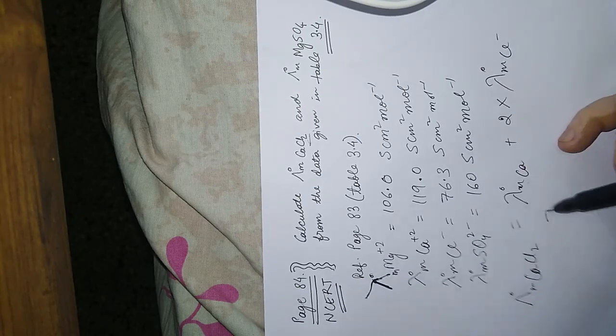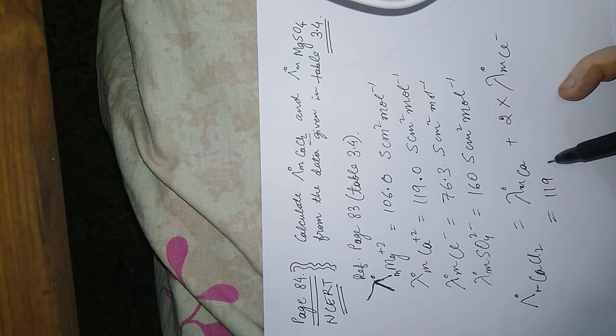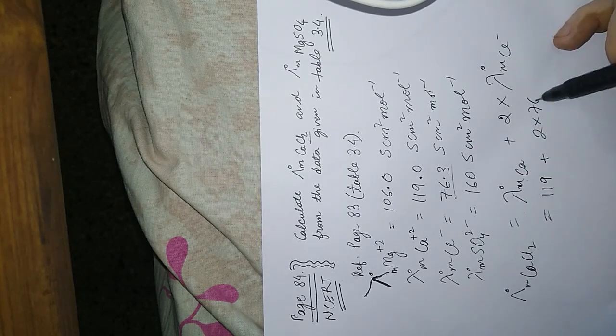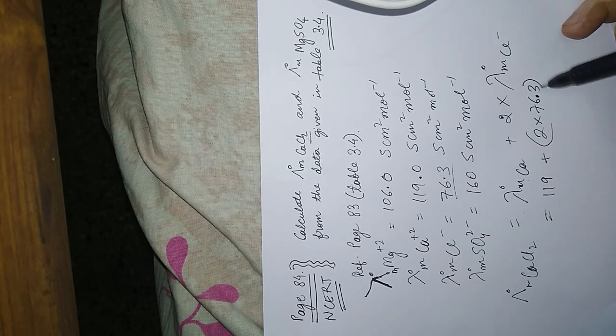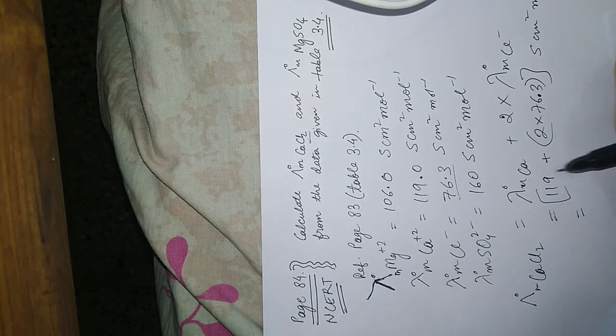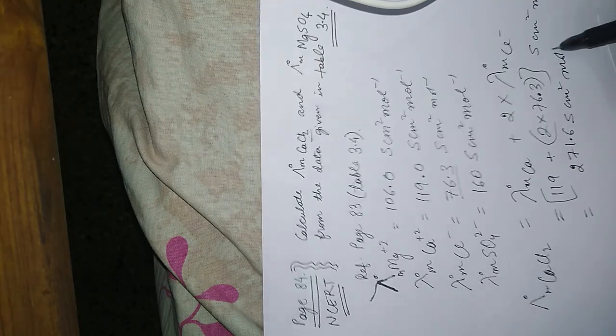So we'll put the value and get the answer. Lambda m of Ca will be equal to 119, and this will be 2 into this value 76.3, and the unit will be the same for all, Siemens centimeter square per mole. This value will come out to be 271.6 Siemens centimeter square per mole.